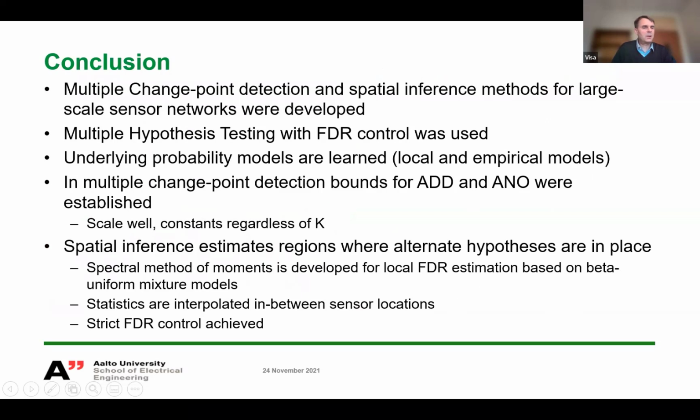So I think I've kind of consumed my time. Of course there was a lot of technical detail missing, but I hope I was able to convey some of the key ideas about how to use multiple change point detection in spatio-temporal inference problems, and in the case of large-scale sensor networks.